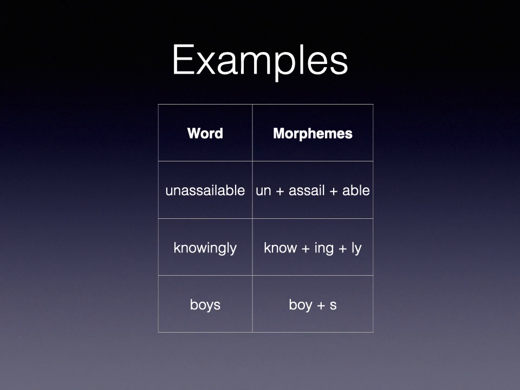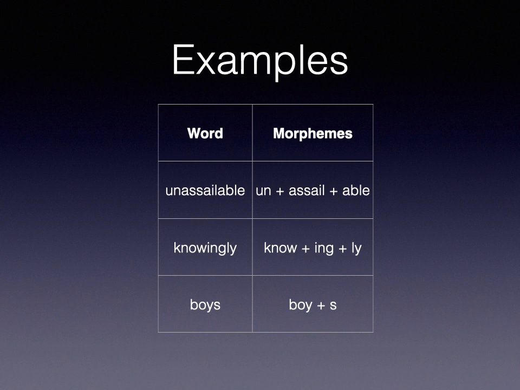Look at these three examples. In the first one, we have the word unassailable. It is a single word, unassailable. If you split it into morphemes, you can see that there are three morphemes: un plus assail plus able.